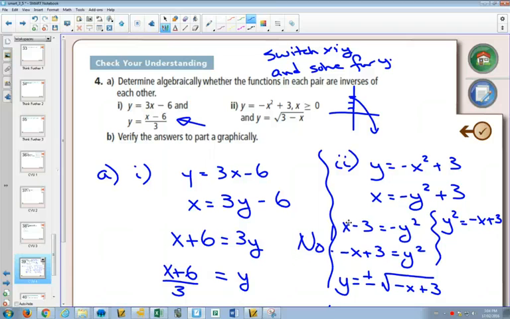The question is, because originally we had x bigger than or equal to 0, which ones of these are we going to have? Are we going to have the positive square root of negative x plus 3, or the negative square root of negative x plus 3?